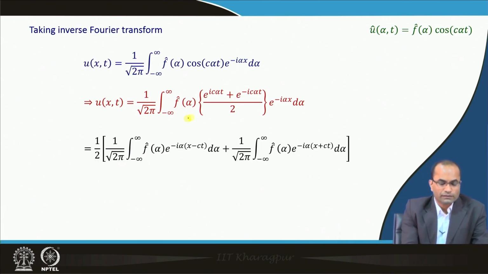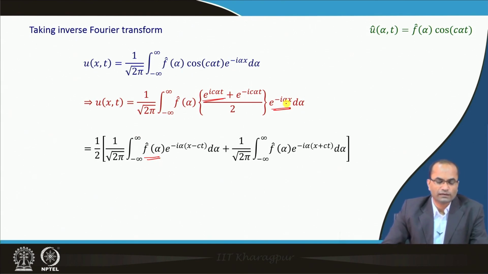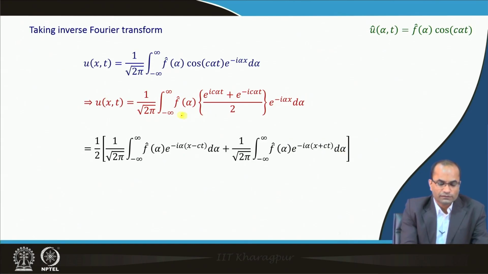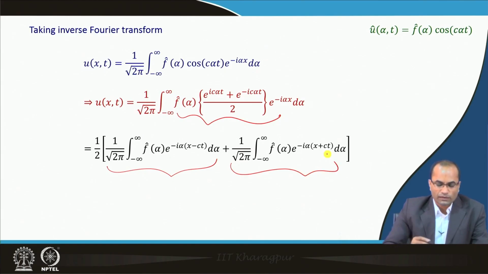So, we can rewrite now. With this f hat alpha we have e power i c alpha t, and then we have here e power i alpha x. So, we can club this to have i alpha times x minus c t over d alpha. In the second case we will get minus i alpha times x plus c t integrated over d alpha. So, here this integral is split into these two integrals, and now it is easy to recognize f hat alpha and exponential i alpha.